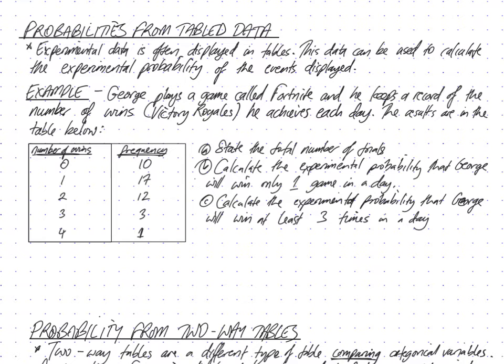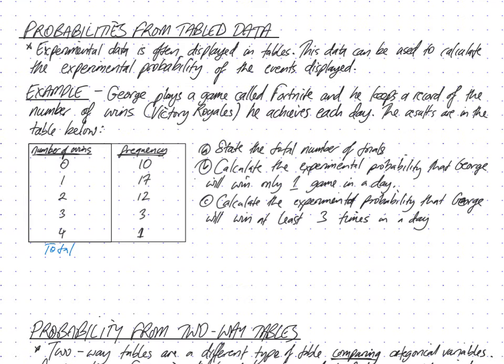So to be able to do probabilities, we need the total number of trials. So question A, state the total number of trials. That's first an important step, and the easiest way to do that is to look at that table, look at the frequency and find a total for it. So there was 10 trials for 0 wins, 17 trials for 1 win, 12 plus 3 plus 1.